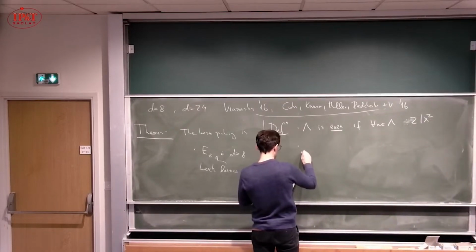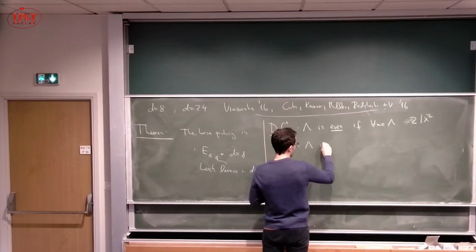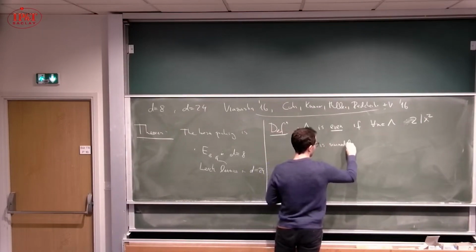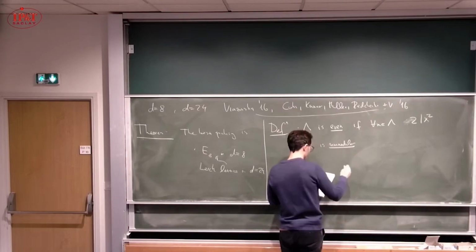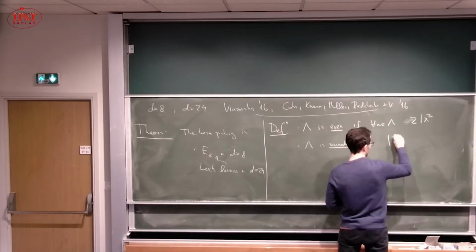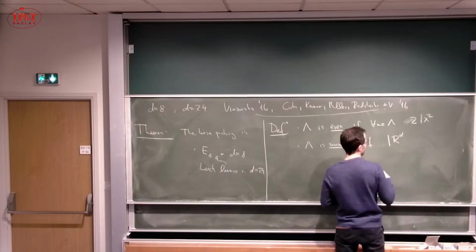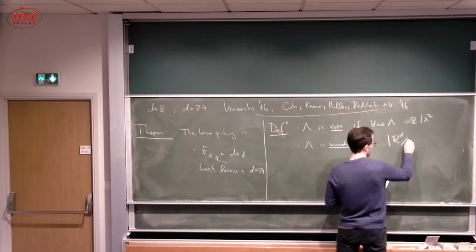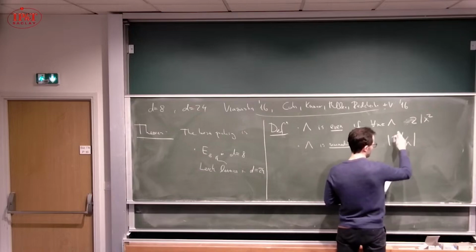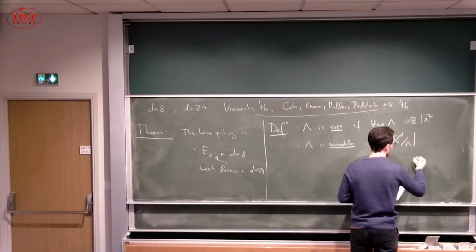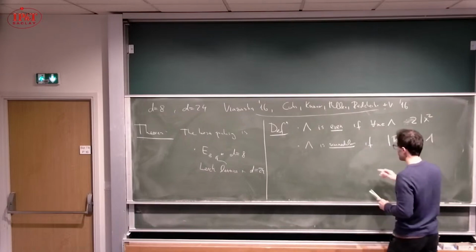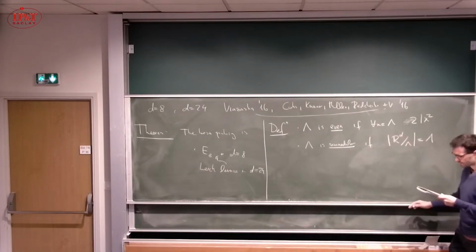It's unimodular if the volume of the unit cell is 1. So what's the unit cell? Well, you quotient R^D by the lattice, an abelian subgroup of it, and this is the size of it in the usual Lebesgue measure. If this is 1, then it's called unimodular.